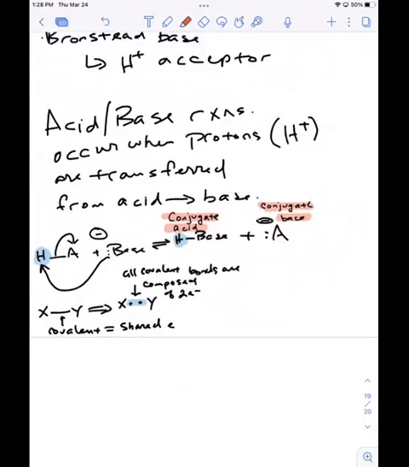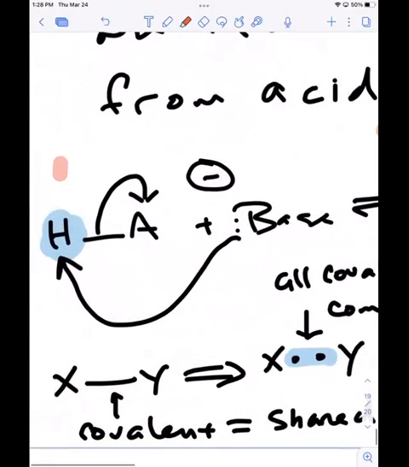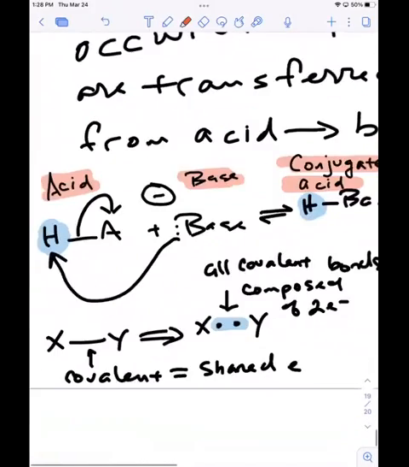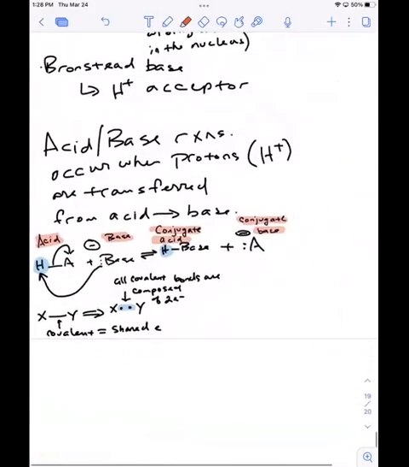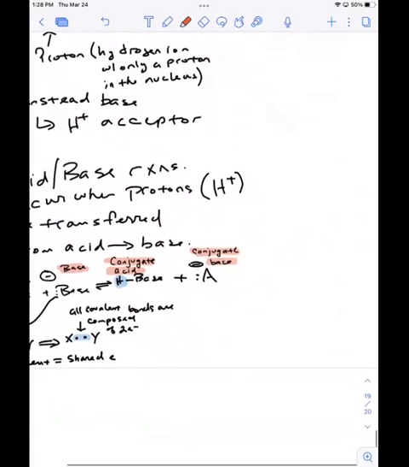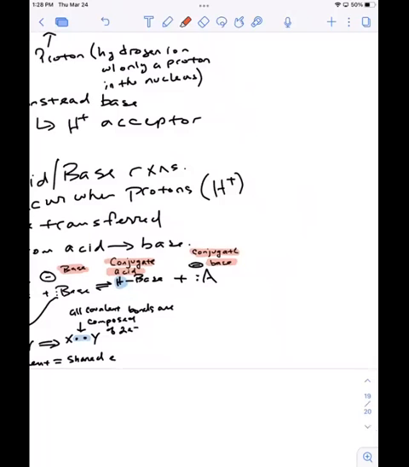So the acid is over here, this is the acid, and then this is my base. Obviously, it's called base. And then on the other side of the arrow, you have your conjugate acid and your conjugate base. So this is a basic example of what we call proton transfer, right, between the acid and the base.